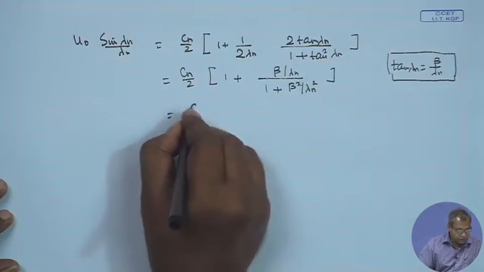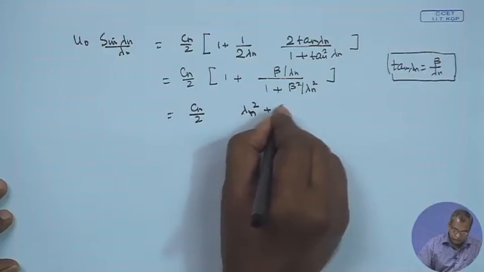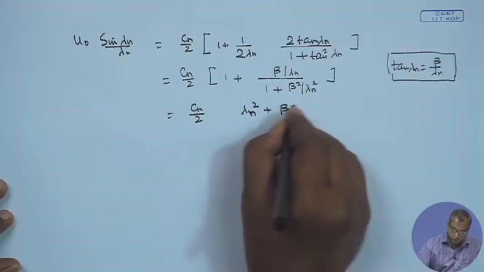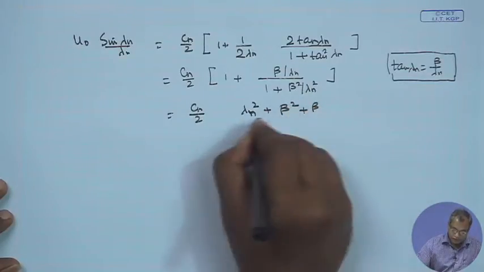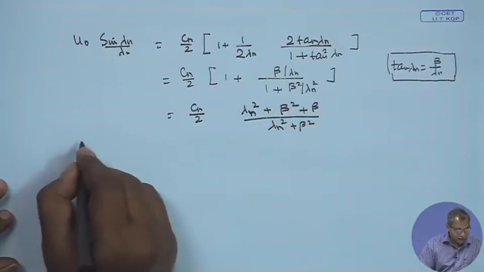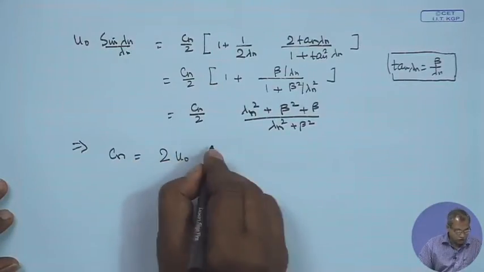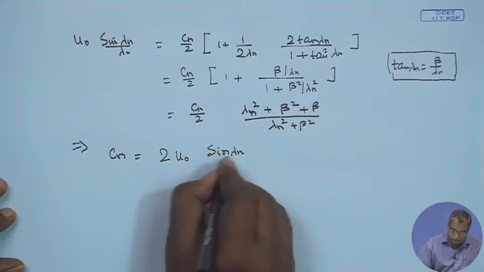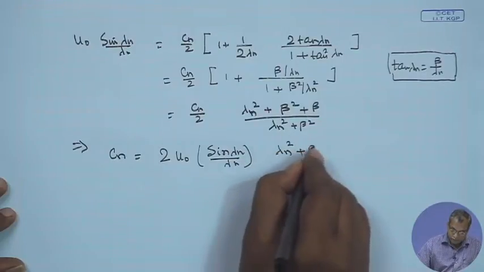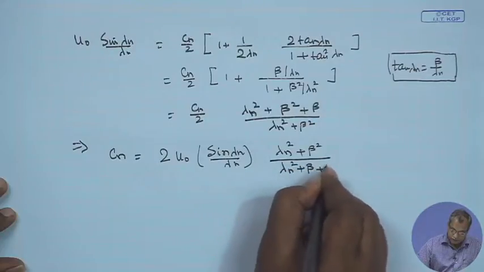So, this becomes Cn over 2 times lambda n square plus beta plus beta divided by lambda n square plus beta square, and we can get the expression of Cn as 2 u naught sin lambda n divided by lambda n multiplied by lambda n square plus beta square divided by lambda n square plus beta square plus beta.